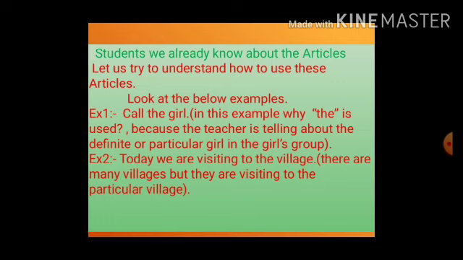Second example, today we are visiting the village. There are many villages, but they are visiting a particular village. So, if we are speaking about a definite one, a particular one, then only we should use the article the. Okay.